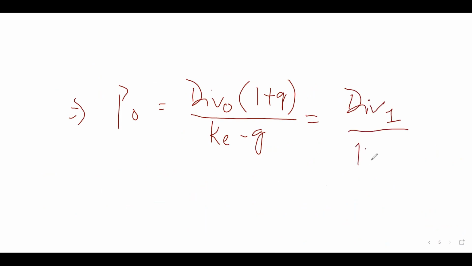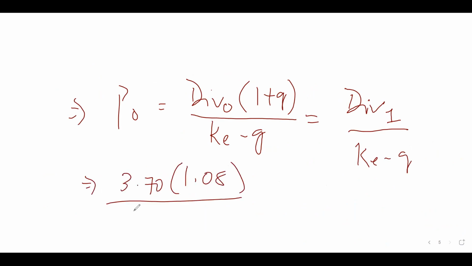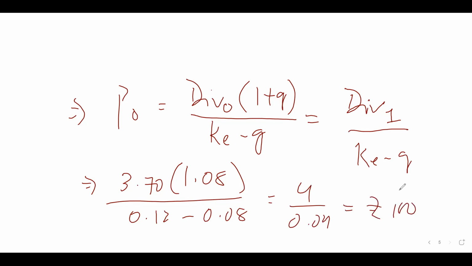So this is KE minus g: 3.70 growing at 8, over 12 minus 0.08, which gives $100. Got everyone? Yes, ma'am. Okay, next one.